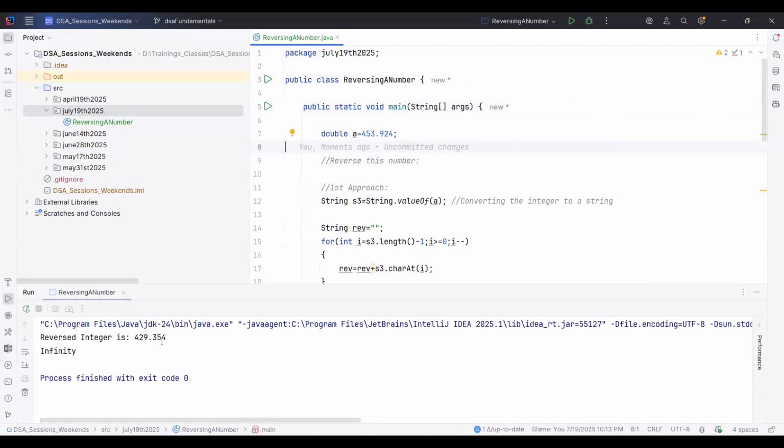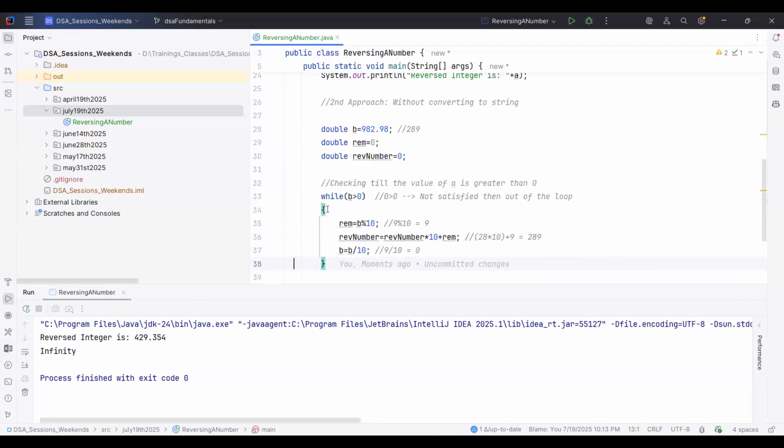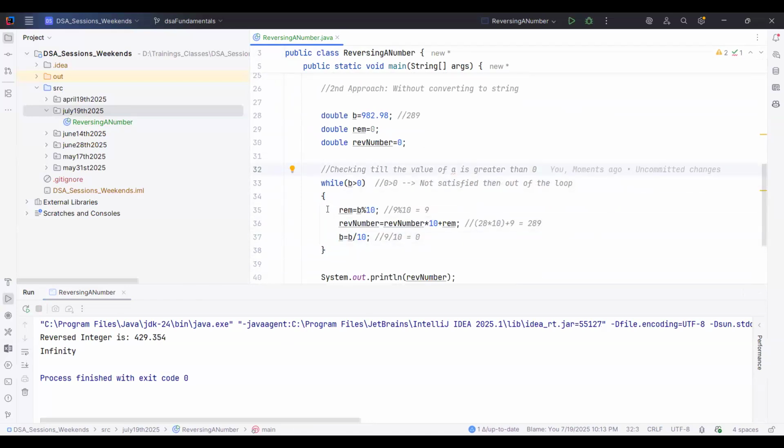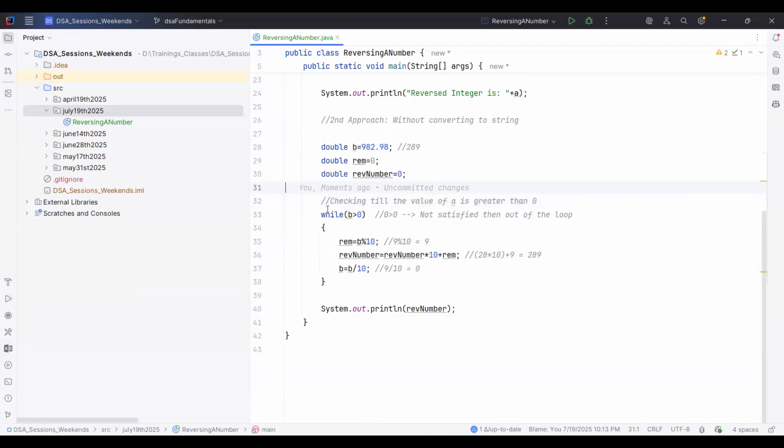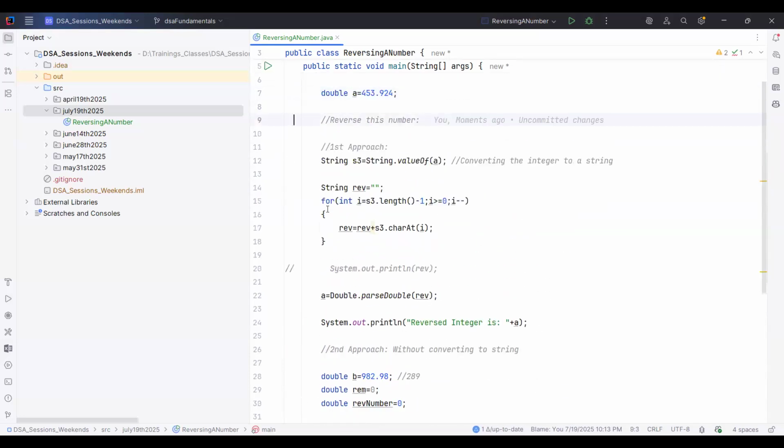Now you see, for a decimal value, how it is reversing using the string approach, Aman. So that is why the first approach is always a right approach if you want to deal with decimals or anything. But if you go with the second approach, it will go to infinity. That is why we never prefer the second approach. Always go with the first approach whenever you're asked to reverse any kind of a number.